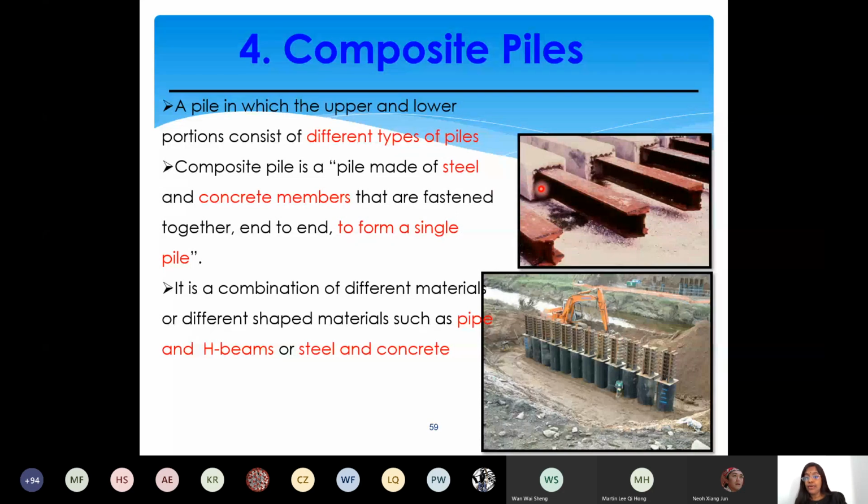Instead of reinforcement, they use the steel piles themselves as a load-bearing member for the pile. It is a combination of different materials of different shapes, such as pipe and H-beams, or steel and concrete.